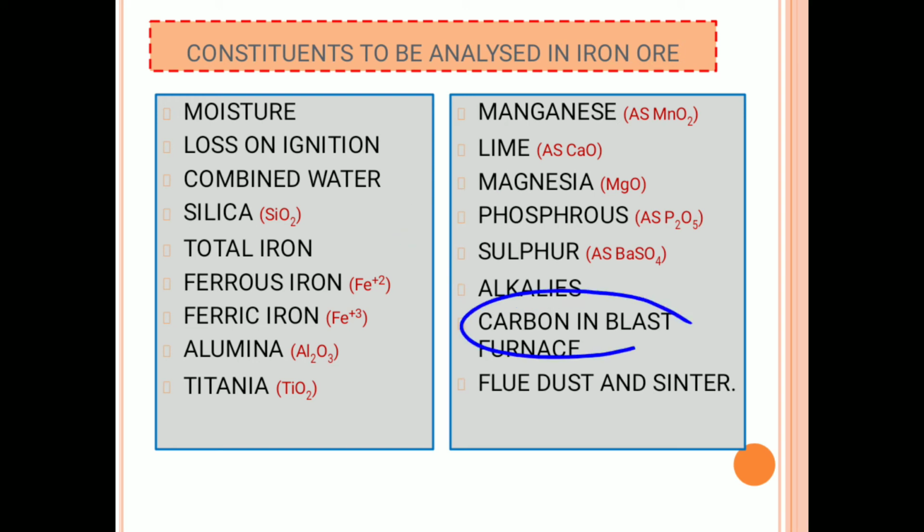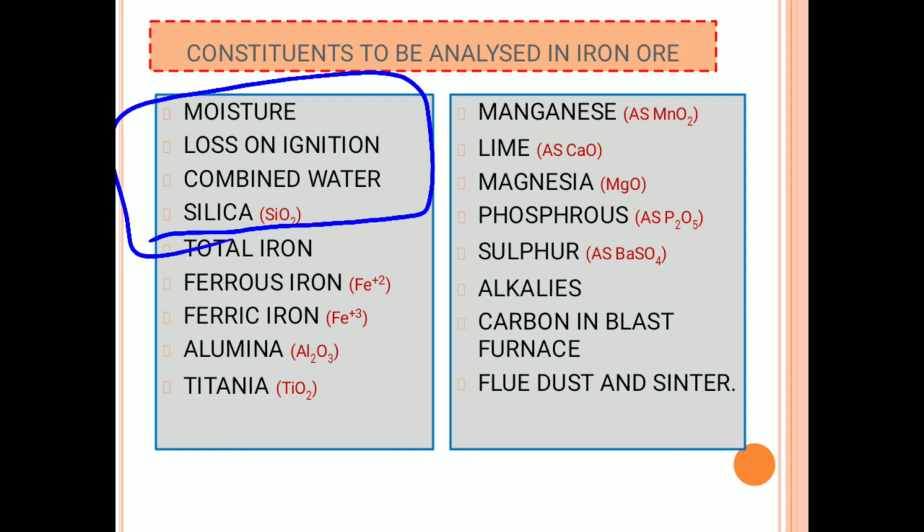Next, carbon in blast furnace, and the last one is flue dust and sinter. As it is a lengthy chapter, so in this video I will discuss these four constituents which are present in iron ore to analyze these constituents.